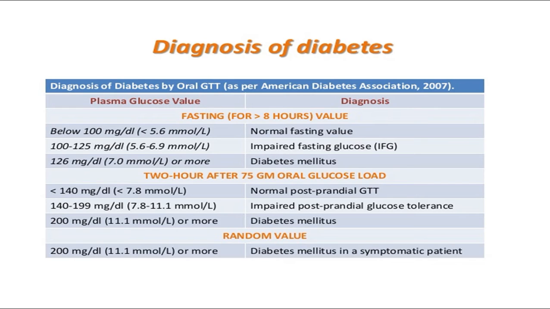Similarly, 2 hours after a meal, a value of more than 200 is diabetes mellitus, while 140 to 199 is impaired postprandial glucose tolerance, and less than 140 is normal. The random value of more than 200 milligram per deciliter indicates diabetes mellitus in a symptomatic patient. This value should be present on 2 consecutive days plus clinical features to diagnose diabetes mellitus.